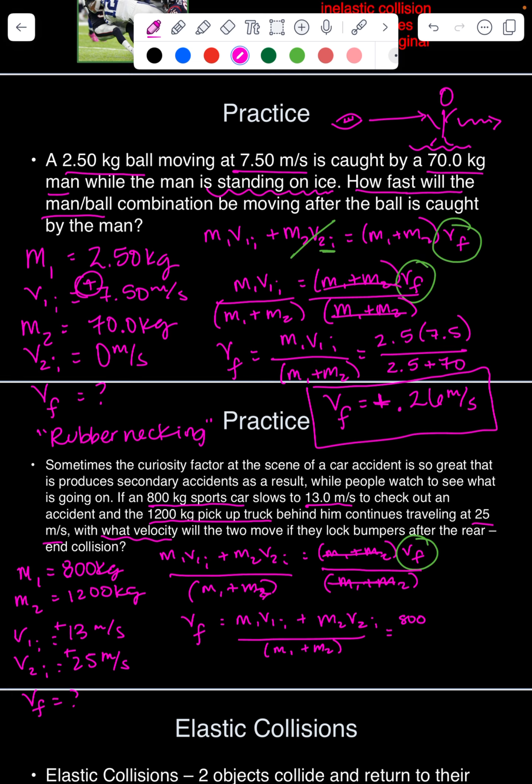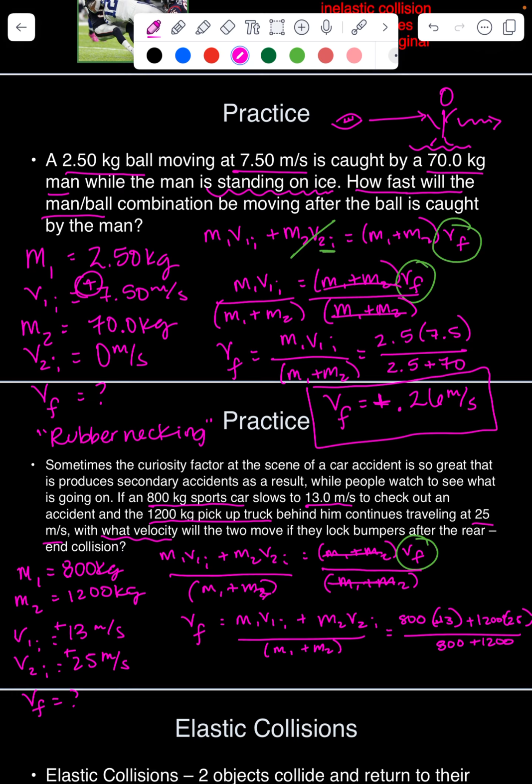All right, so we plug in those numbers. That's going to be 800 times 13 plus 1200 times 25, all over 800 plus 1200. Now, the 13 and the 25, remember they're both going in the same direction, so they're both going to be positive. So we multiply those out.